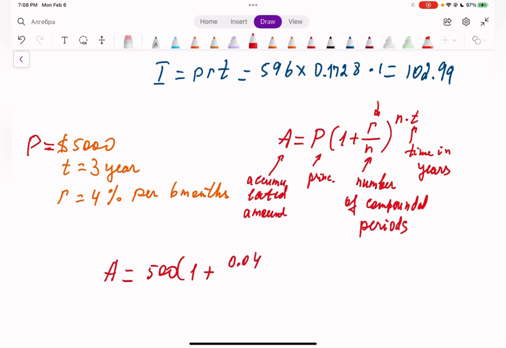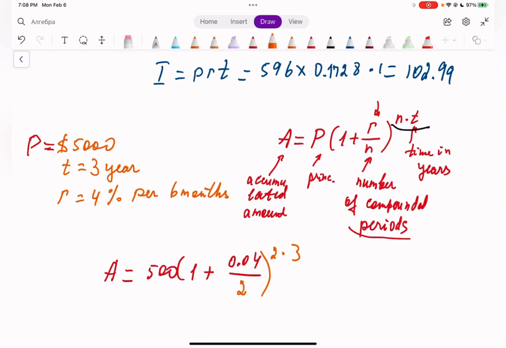Here we divide by the number of compounding periods. Semi-annually means twice, 6 months, right? Therefore we put 2. If it would be per quarter, I would put 4. If it would be per day, I would divide by 360, right? And n is 2, so the power is 2 times our t, 3 years.